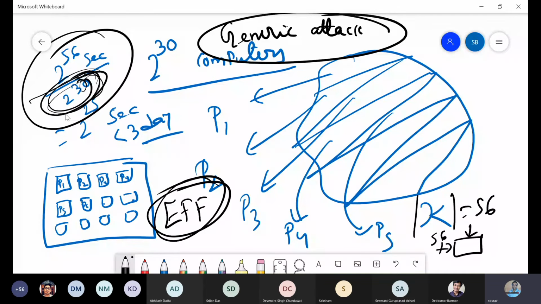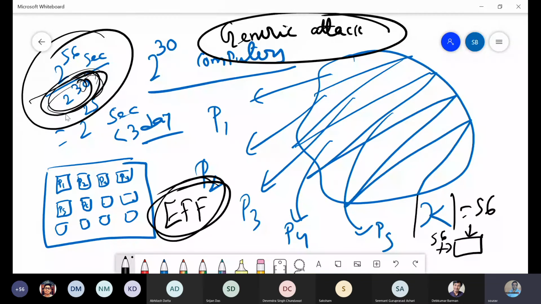So there are some other types of attack which are called non-generic attack. There we will really look at the design part of the block cipher, and we'll see whether we can get some loophole there, like whether we can get some linear relationship between the plaintext, key, ciphertext, or we can have some differential characteristics.